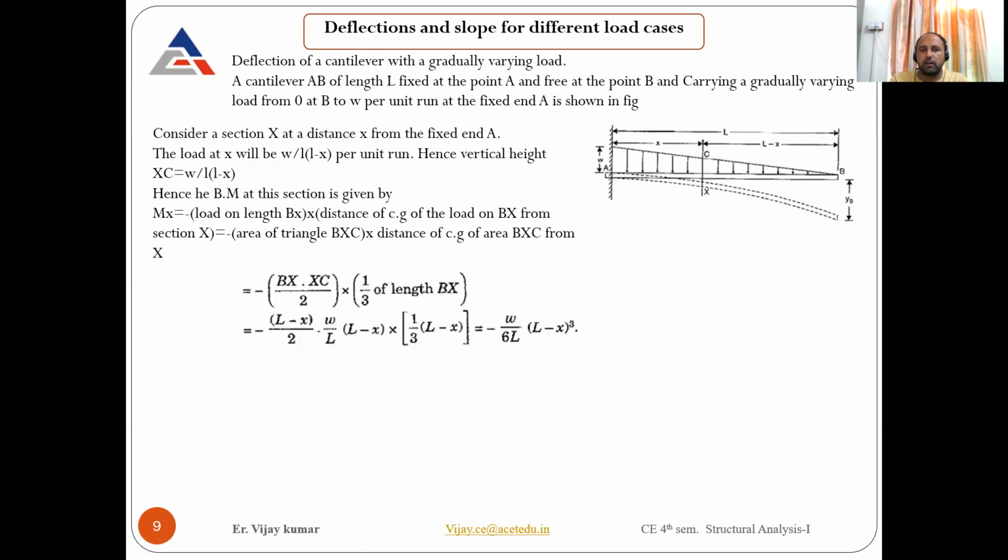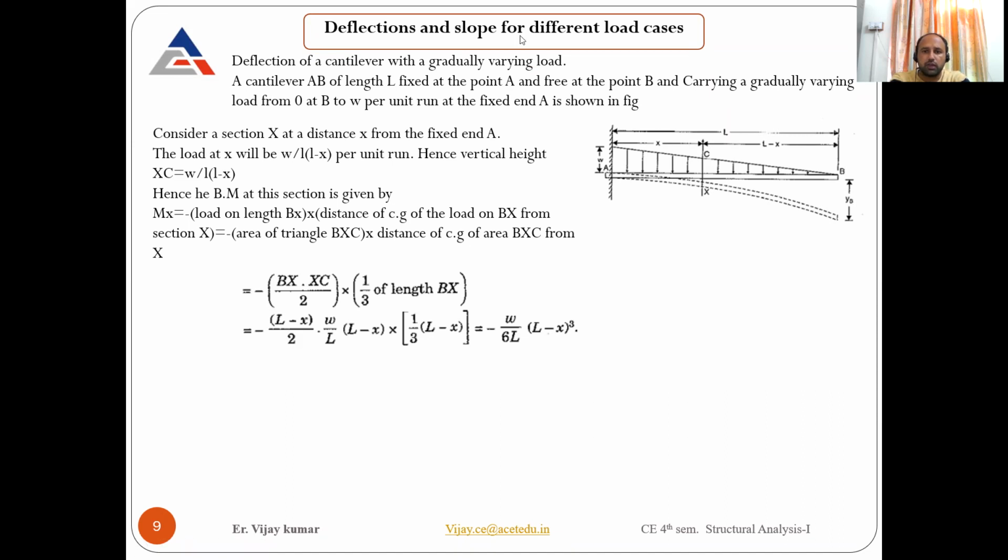So next we have the case of deflection of a cantilever beam with a gradually varying load. We have to calculate the deflection due to the gradually varying load. What we can do is the same thing we did in the UDL case: cut the section, calculate the bending moment, put it into EI d square y by dx square, integrate once to get the slope, and integrate twice to get the deflection.